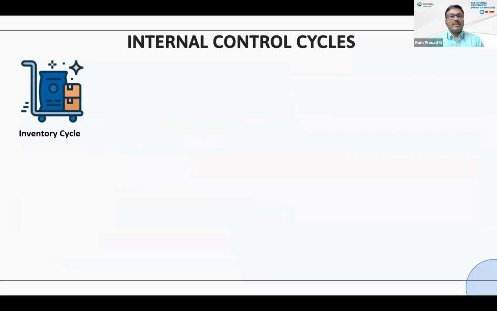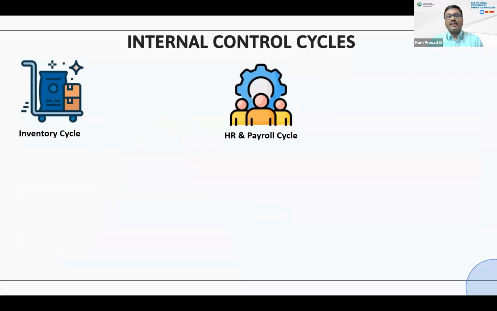So if we have to get a step closer on the internal control, the material part is covered in inventory cycle. Inventory cycle speaks about what are the control aspects that happen around the inventory area. Men related controls, we can cover in our HR and payroll cycle.